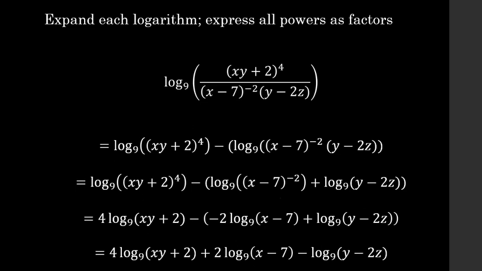We then multiply that minus sign into each of our two terms, giving me 4 times log base 9 of xy plus 2 plus 2 log base 9 of x minus 7 minus log base 9 of y minus 2z. So this one, a little bit more tricky, but overall not too bad here.